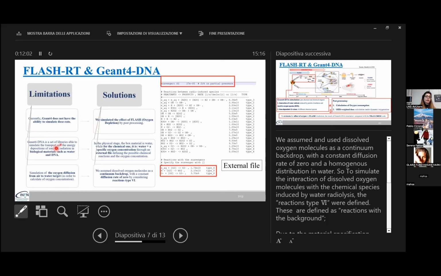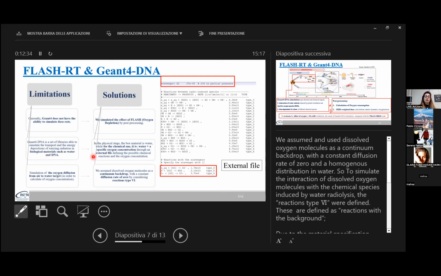The second is related to the setup of libraries in Geant4-DNA, which can simulate just biological materials such as water and DNA. We want to investigate the oxygen concentrations, so we need to add an extra material to these available materials.